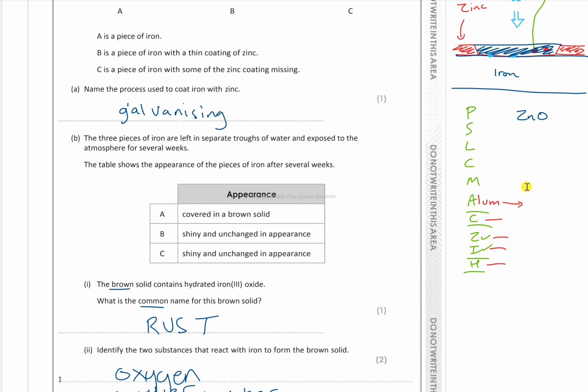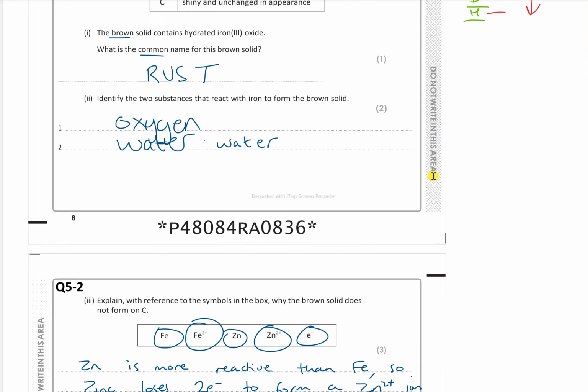So aluminium is more reactive. The reactivity goes down, it decreases.